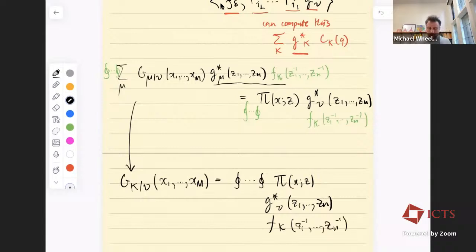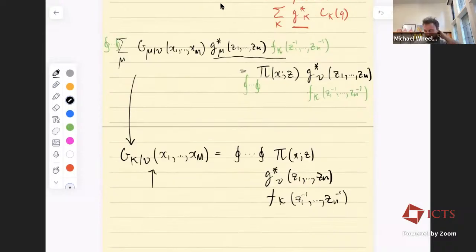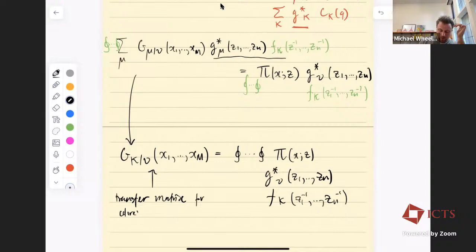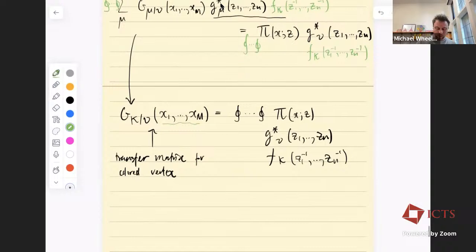And that has some application because this thing here, as we've seen, is a kind of transfer matrix for a probabilistic system. This is a transfer matrix for the colored vertex model. So in particular, this thing has a nice limit. You can take a certain continuous time limit of these x variables, where this transitions to the generator of the multi-species ASEP.